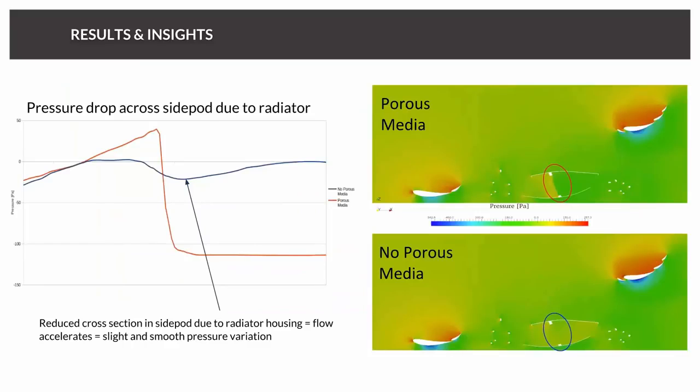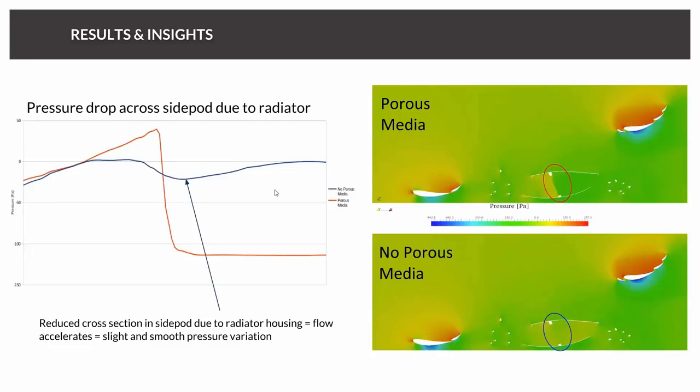Now let's talk a little bit about this modeling stuff we discussed. So first of all, I would like to discuss with you the effect of porous media and why we cannot just ignore it. On the left side, you can see the pressure drop through the model, through the radiator, with or without porous media.